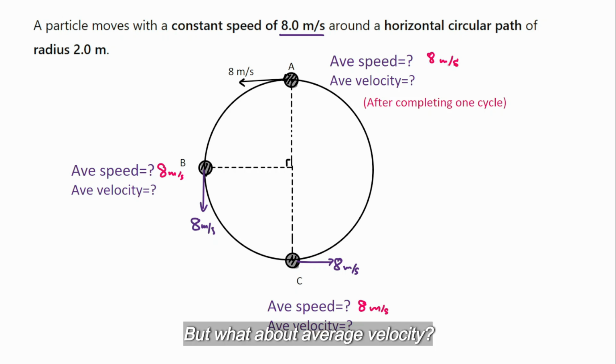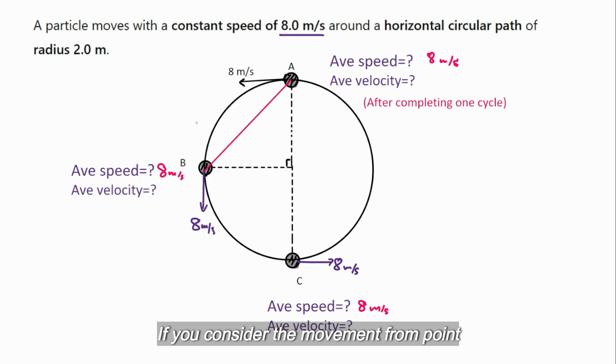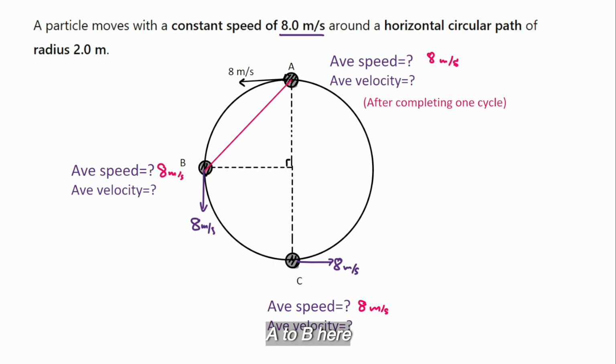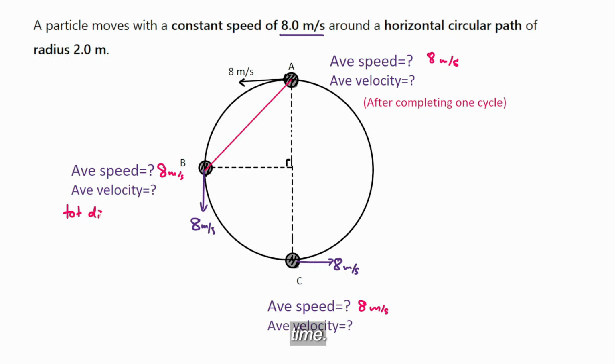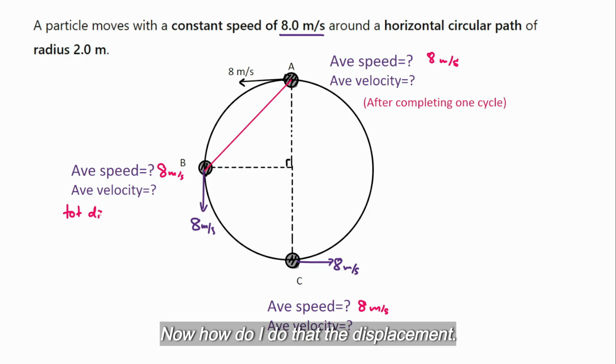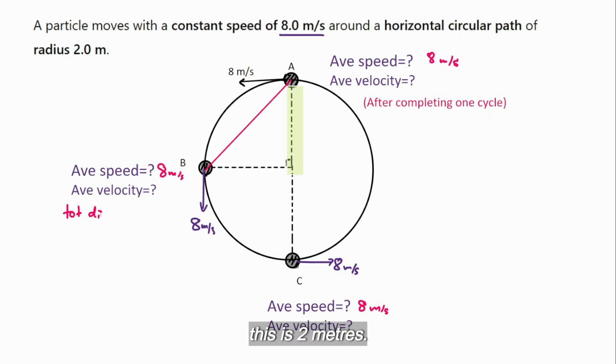But what about average velocity? Now we need to consider each point separately. If you consider the movement from point A to B here, to get average velocity, we need to find the total displacement and divide it by total time. Now, how do I do that? The displacement, so I know this is 2 meters. This is 2 meters.